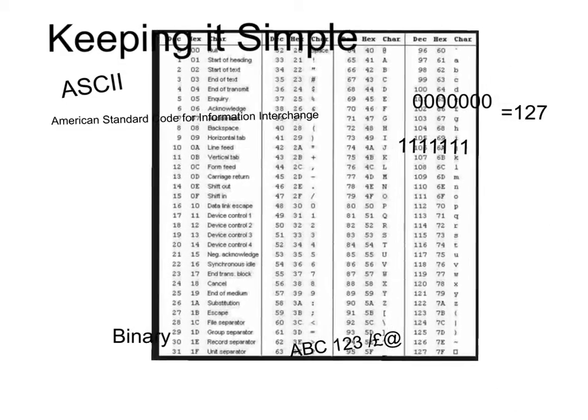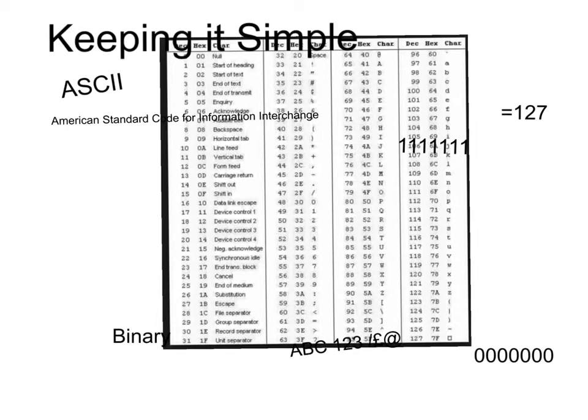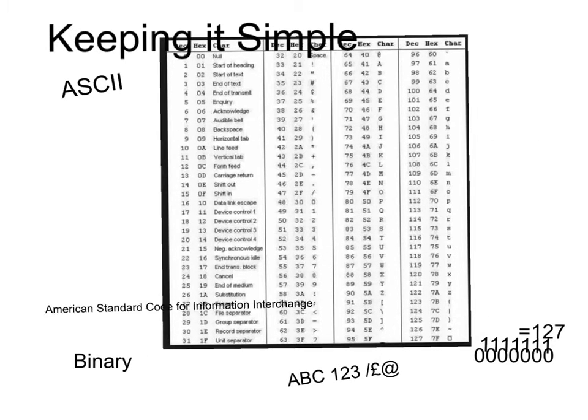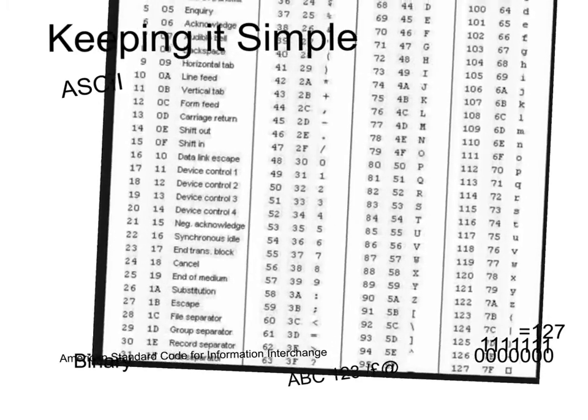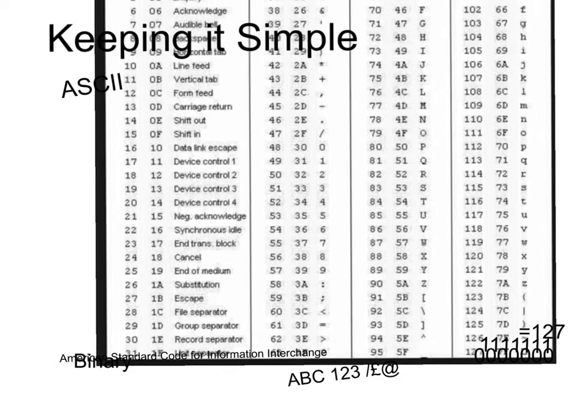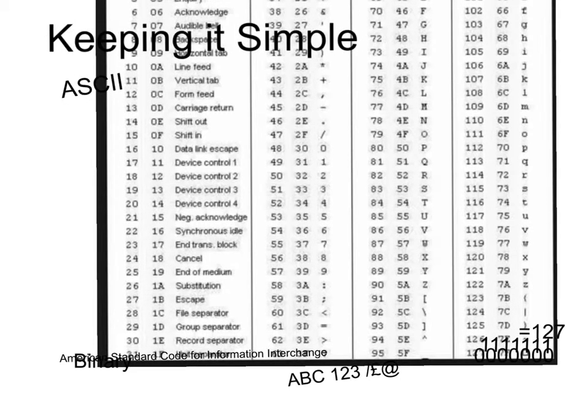Then as you get down into the 60s, and we'll just move all this stuff out of the way so you can see, when you get down to the 60s, you start getting into, well, here, in this space here, you start getting the numbers.